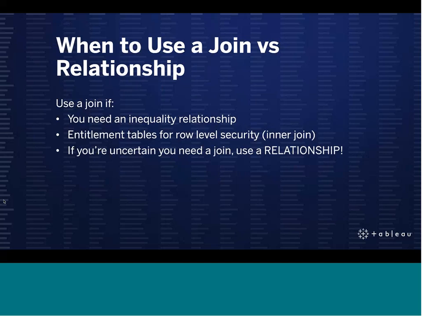Or if you're using entitlement tables in your database and you want to capitalize on a user ID and use that as a filter to make sure that they only see the data they're supposed to see, you would need an inner join to make that happen. So you wouldn't want Tableau to decide what join type to use in situations like that. You can specify that we'll always use an inner join. And if you're uncertain about whether or not you need a join, then start with relationships.